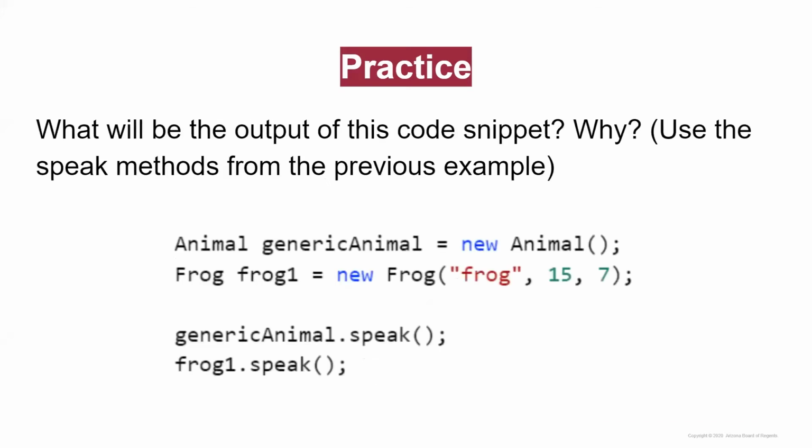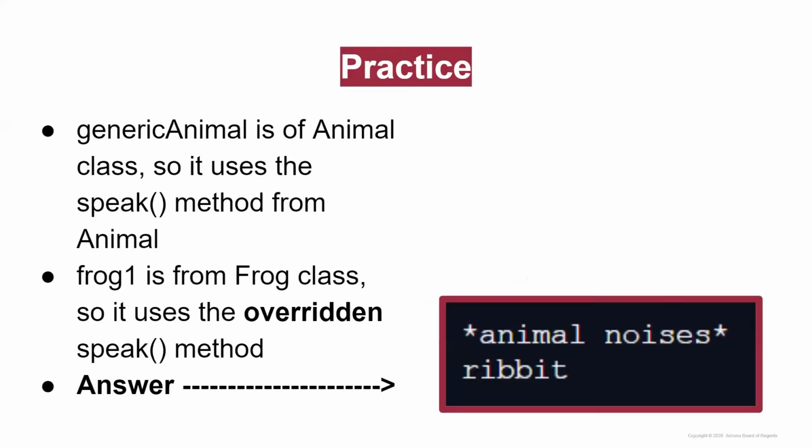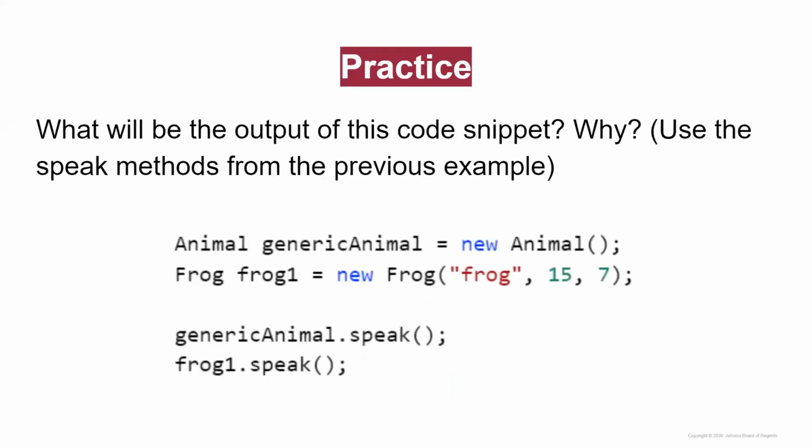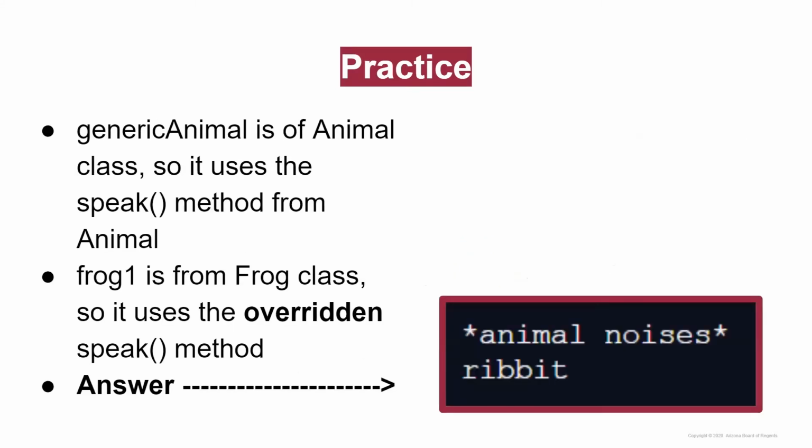I instantiated a new object of animal class and just called it generic animal, right? The way we defined the speak method in the animal class is to just print out animal noises. So when we call the speak method with generic animal, it prints out animal noises.